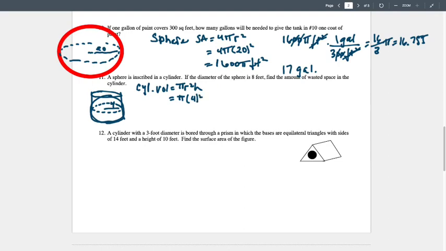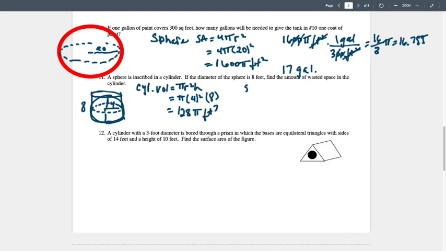Now this sphere is inscribed in the cylinder. That means that it's touching on top, on the bottom, on the sides. And so if your diameter is 8, that means the height of the cylinder is also 8. That'll be 8. And then we're doing 16 times 8, which is 128 pi feet cubed, sorry, it's volume.